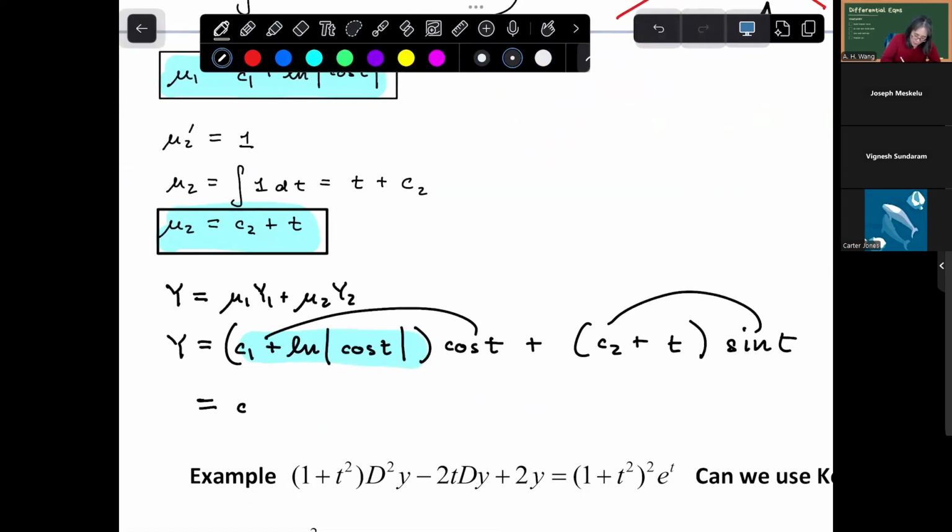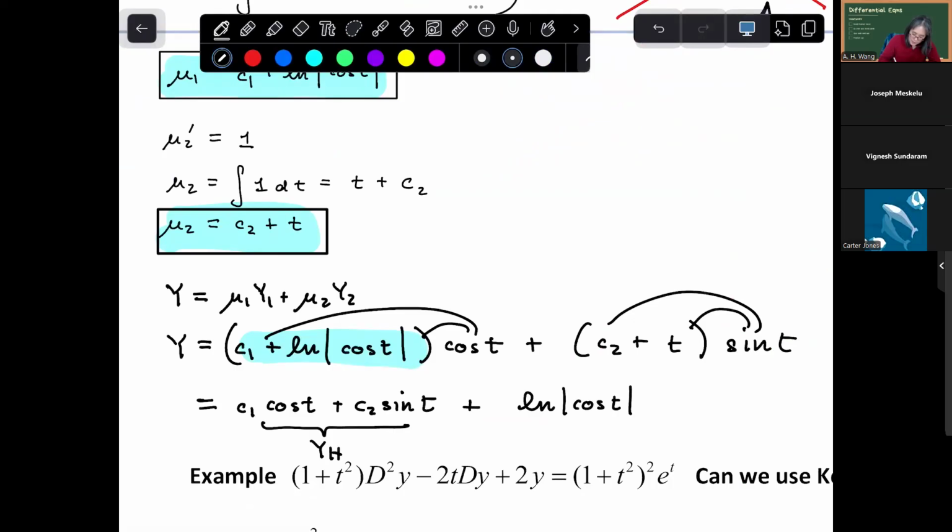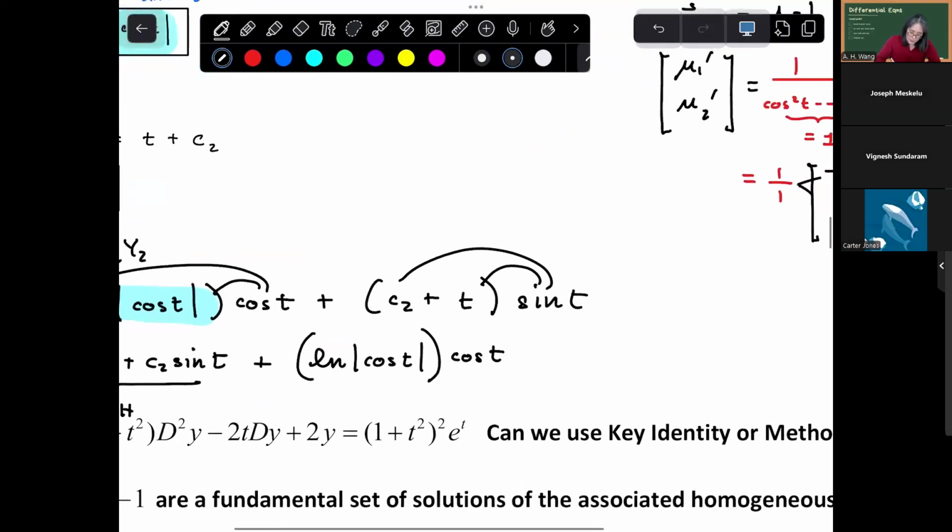you'll see that you always get the homogeneous solution. This will always be the YH. And then you can just say, if the C1, C2 were 0, what you're going to get is ln cosine t. Now make sure you put parentheses around the whole thing, otherwise you'll think that the cosine t is inside the argument of the ln.